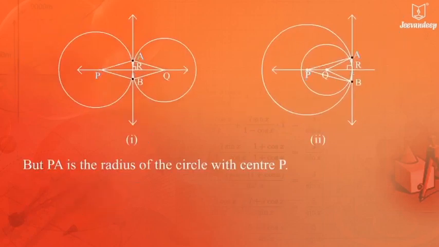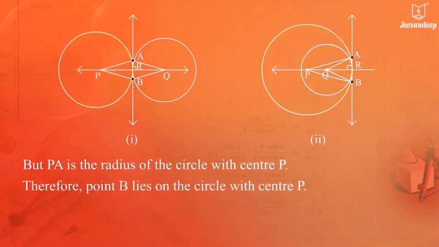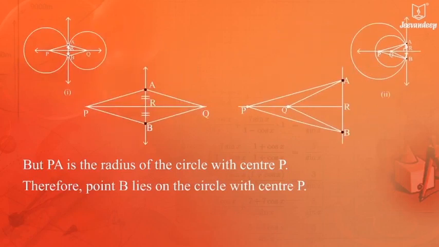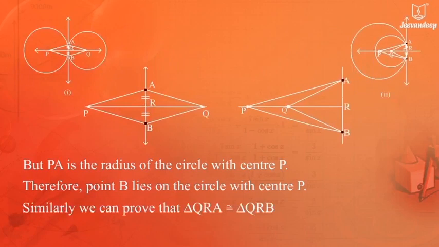But PA is the radius of the circle with center P. Therefore, point B lies on the circle with center P. Similarly, we can prove that triangle QRA is congruent to triangle QRB and QA equals QB.